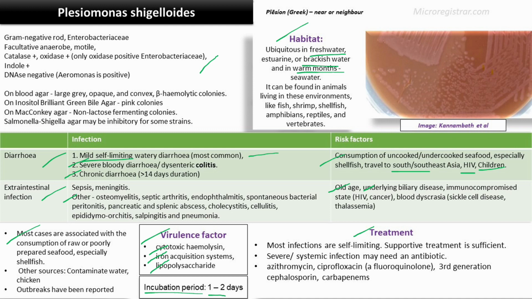The treatment is usually self-limiting and supportive treatment is sufficient: drinking water and proper hygiene. Severe or systemic infection may need antibiotic therapy such as azithromycin, ciprofloxacin, and third-generation cephalosporins or carbapenems.